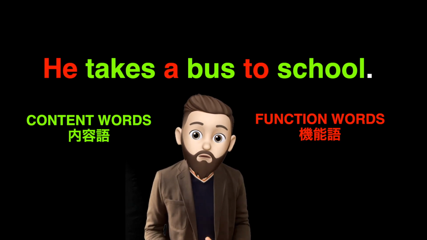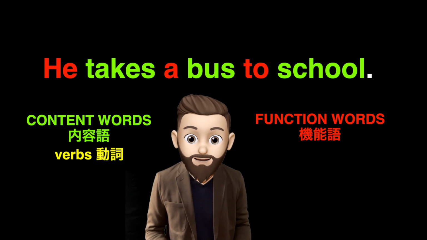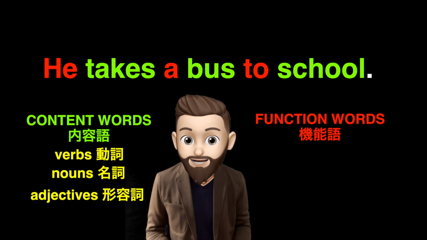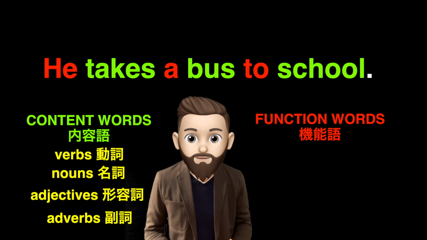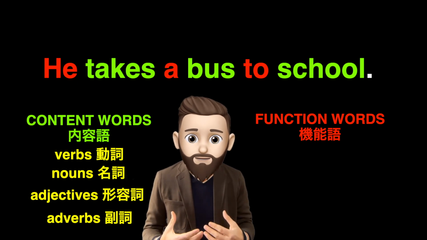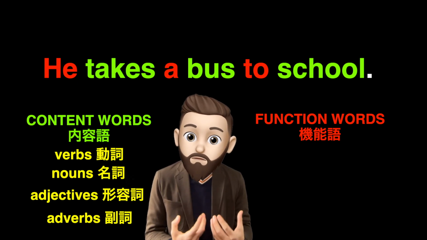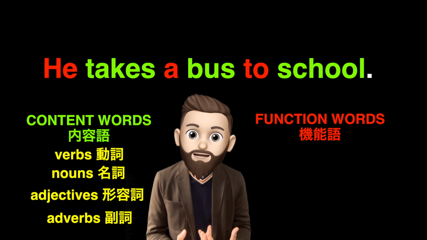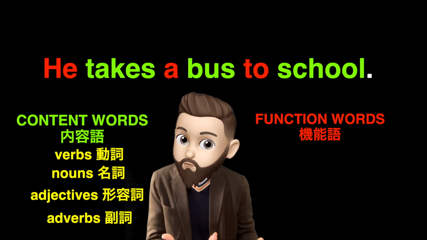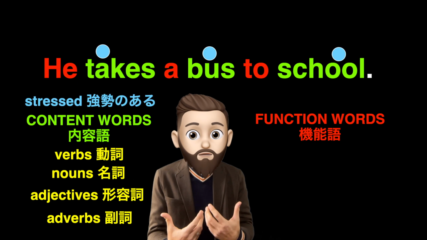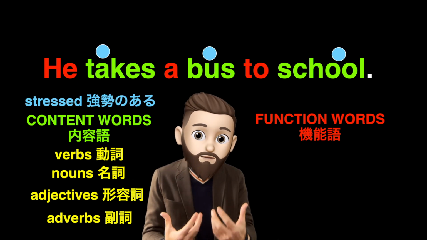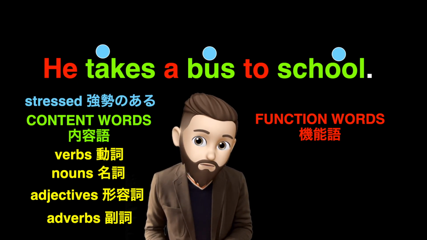Content words include things like verbs and nouns, and also adjectives and adverbs and a few other types of words, but these words carry most of the meaning of the sentence, and that's why we call them content words, and they're usually stressed. All right, they're usually said a little stronger than the other words in the sentence.